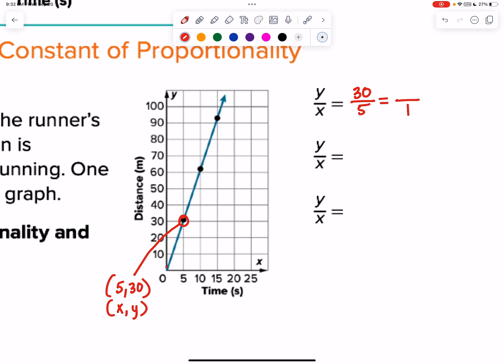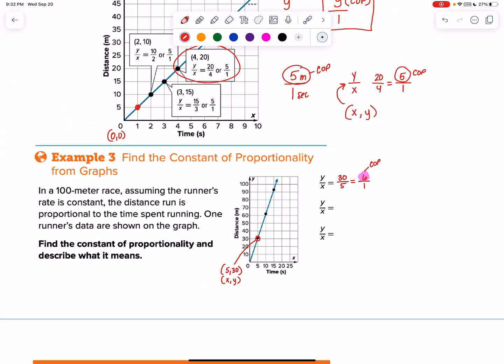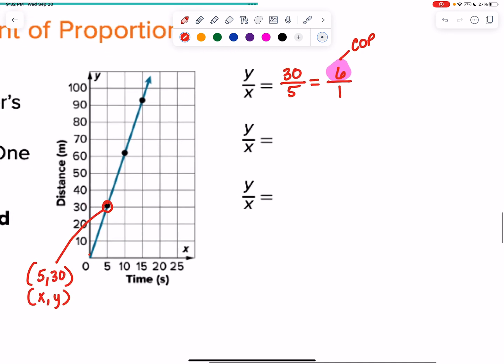Well, 30 divided by 5 is 6, okay? And so we know that this is my COP, my constant of proportionality. We've done that in our last lesson. And so we found the constant of proportionality, and now we need to describe what it means.